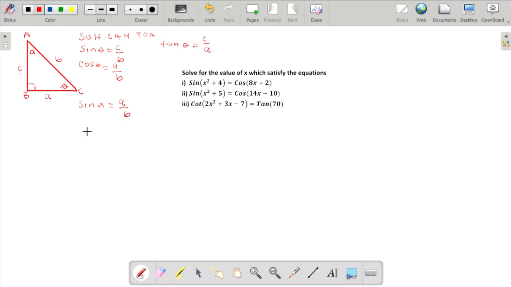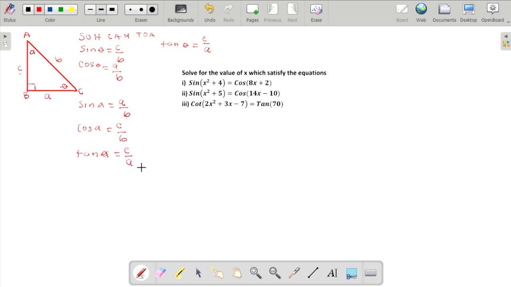Cos alpha, the adjacent of this angle alpha is c over b. Then tan alpha is opposite over adjacent, which is c over a.